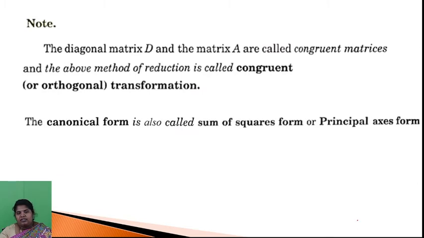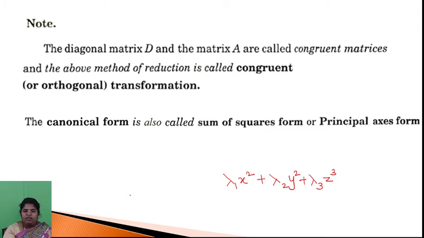And the above matrix is called congruent transformation or orthogonal transformation. Also, the canonical form is said to be sum of squares form or principal axis form. We can say canonical form or sum of squares form or principal axis form. So canonical form is lambda 1 x square plus lambda 2 y square plus lambda 3 z square.